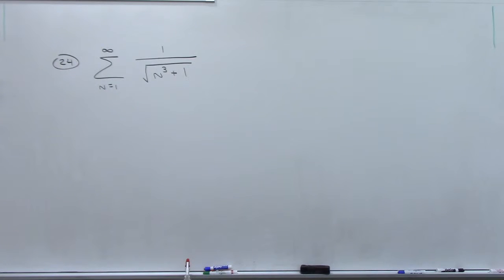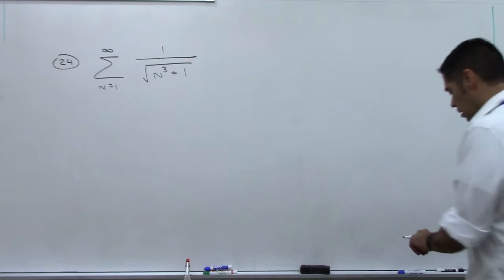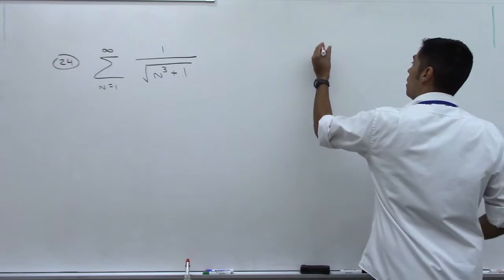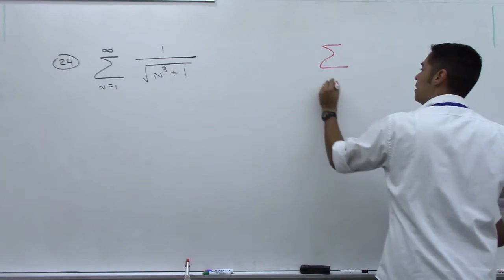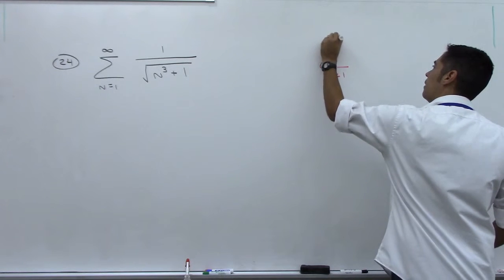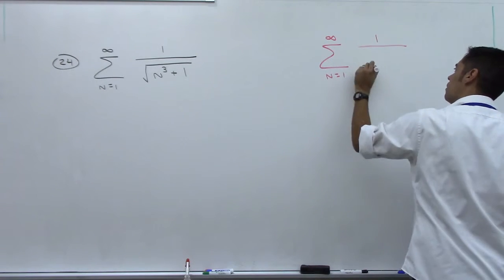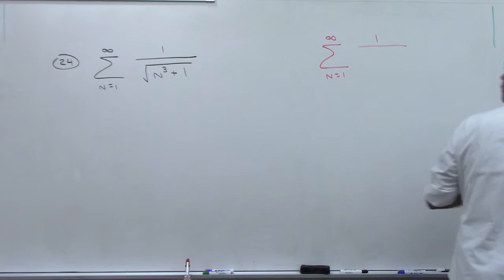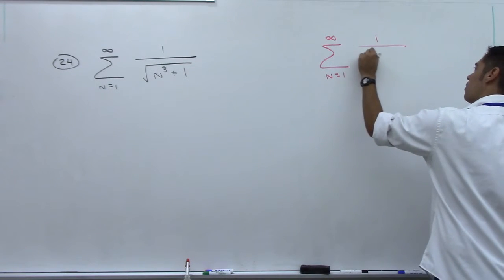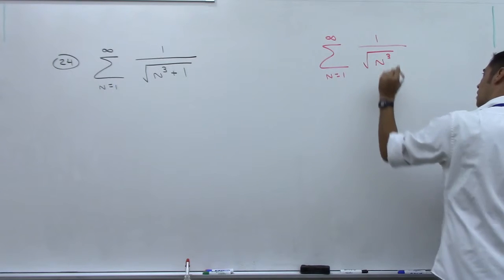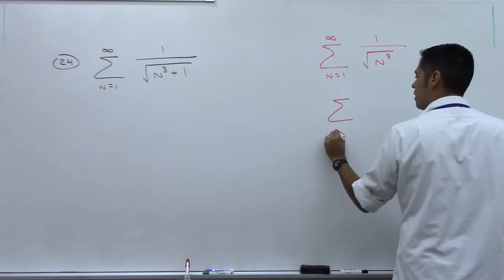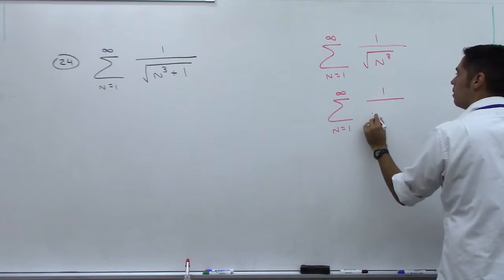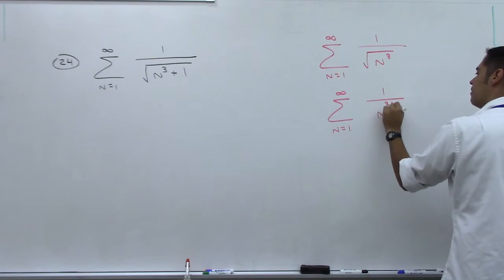So if n gets really big, what does this behave like? The 1 really won't matter anymore, will it? So this really looks like it's going to behave like 1 over the square root of n cubed, which is really just 1 over n to the 3 halves.